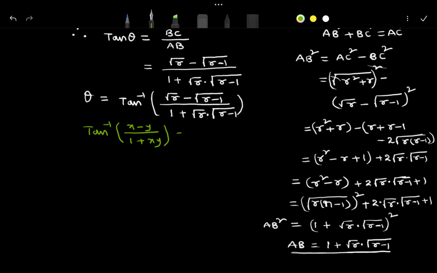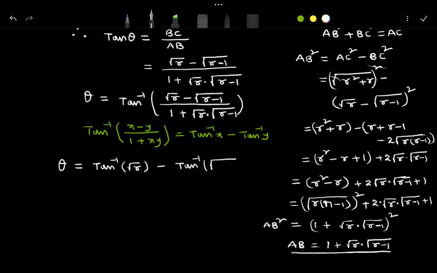This will be tan inverse x minus tan inverse y. According to this, therefore theta is equal to tan inverse of x value will be root r minus tan inverse of root r minus 1.